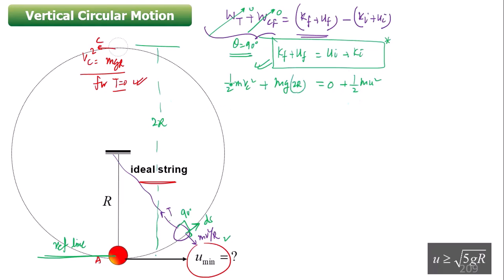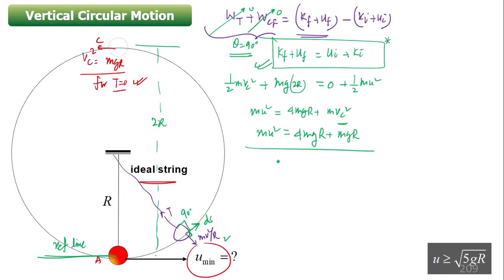If I multiply both sides by 2, I get m u square equals 4mgr plus m vc square. Now we know that vc square equals gr. So I write 4mgr plus another mgr, that should equal m u square.